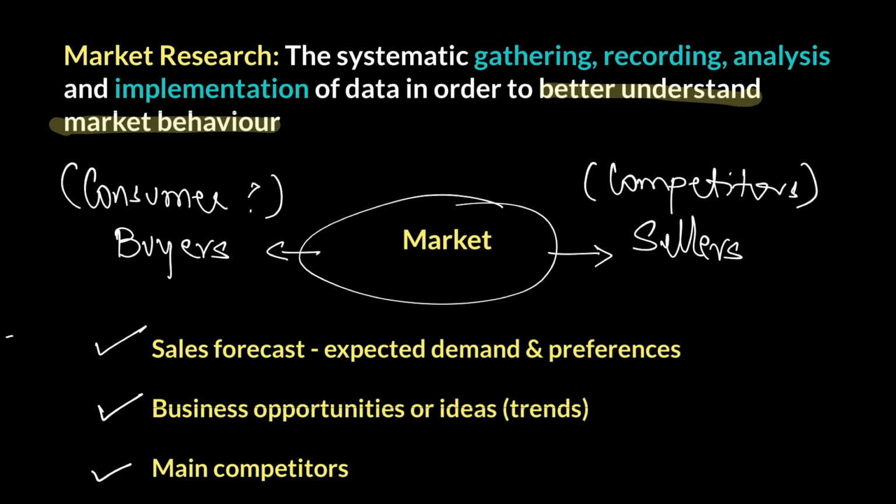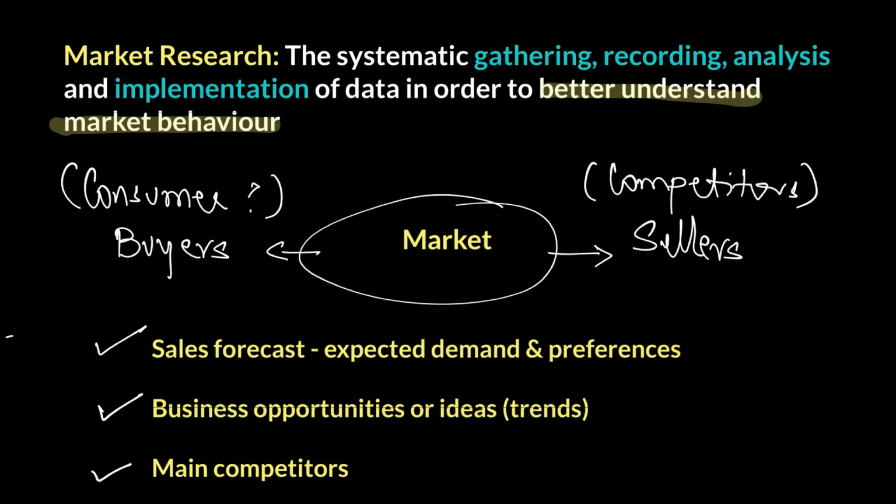Also, one more thing that market research does is that whenever you want to launch a product, obviously you want to get a little feel about how the consumers are going to react. So that's where, when you have to launch a new product, market research helps you to reduce the risks that are associated with it. So with market research, you could do a soft launch, like a mini launch, and you can ask people what to do, how to improve the product.